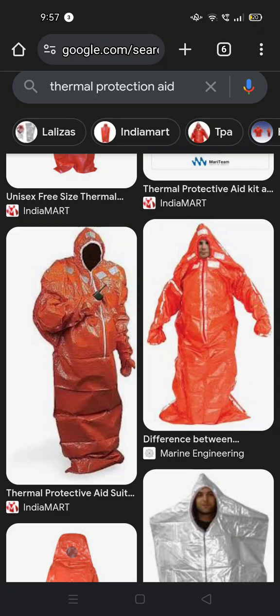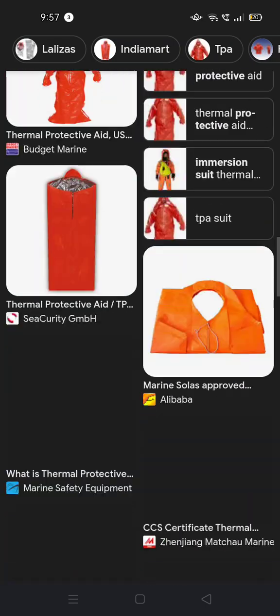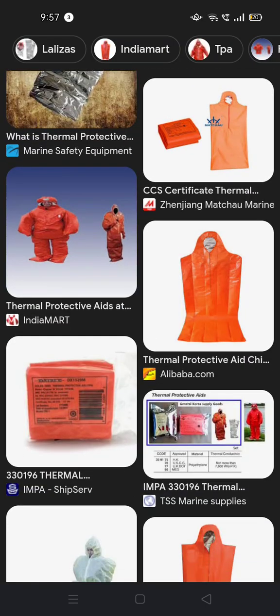It works in temperatures from minus 30 degrees to 20 degrees, if I am not wrong. The requirement is very light.